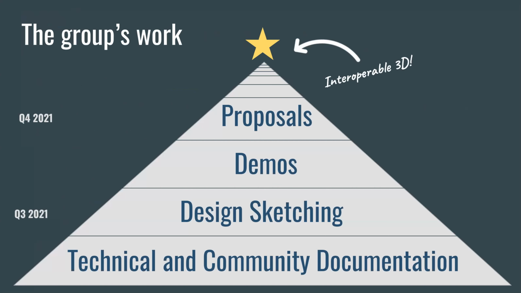We've updated a bit, and we're aiming through later this calendar year to try to have worked out some of the various details from the technical and community documentation that's required to design sketching. There'll be hints of some of this in our presentation today, plus demos, which we've been big on all along, and we'll continue with those, and then proposals to go through the process.